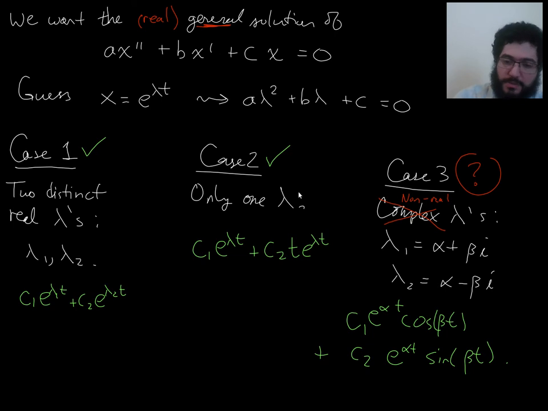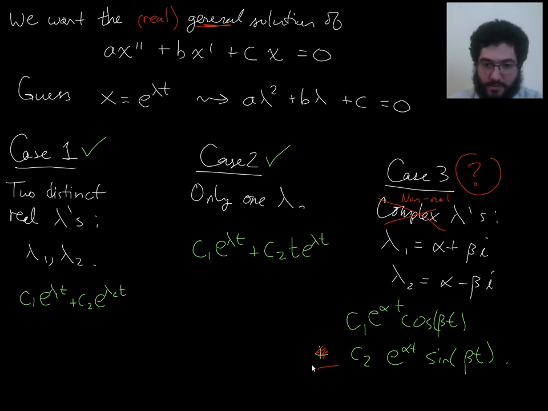Well, all that would do is make me go here in my general solution and say minus here, right? But that adds no value, because C1 and C2 are arbitrary constants. They can range over all real number values, positive and negative.